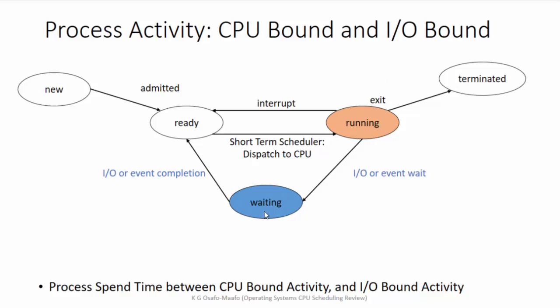And that would mean that the CPU is being wasted. In that case, there has to be a scheduler who will move processes into running to make sure that the CPU isn't wasted.